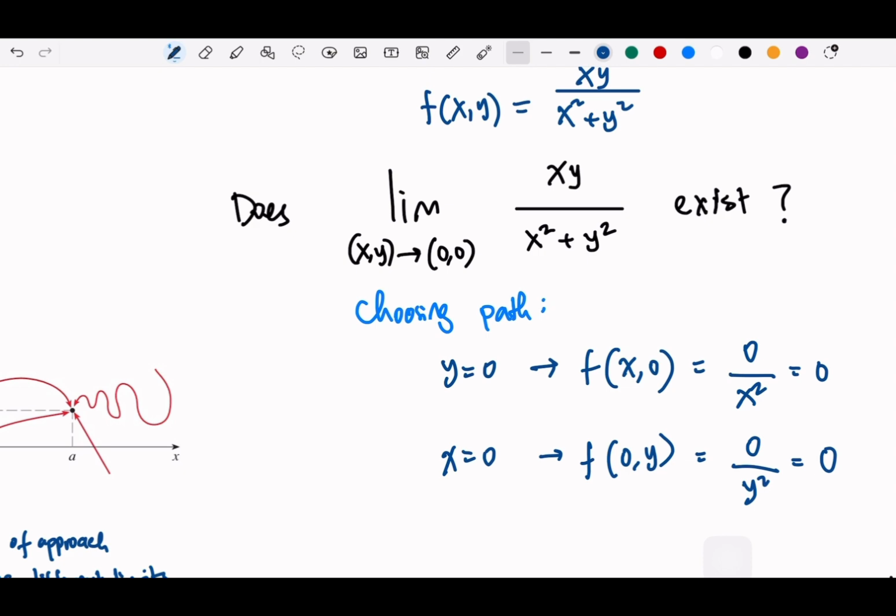But we are not done yet. If we want to make sure this is the final answer, we need to make sure other paths work as well.